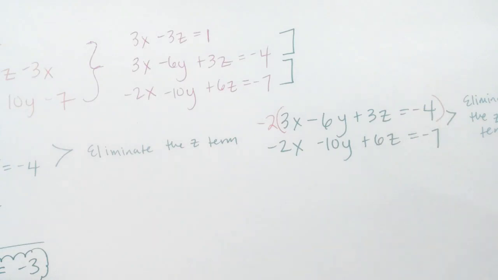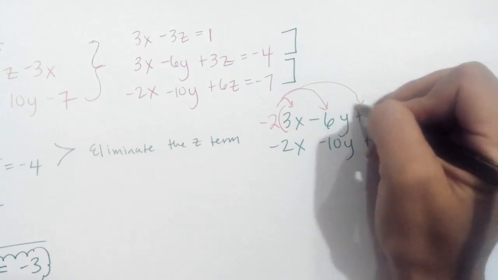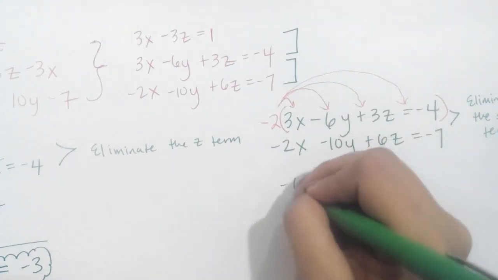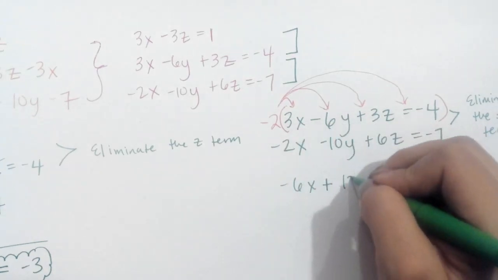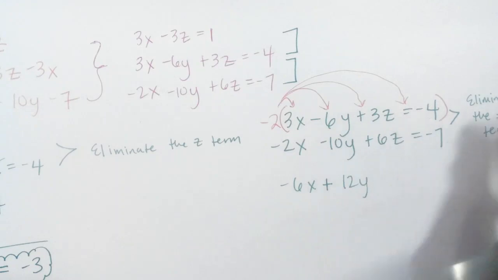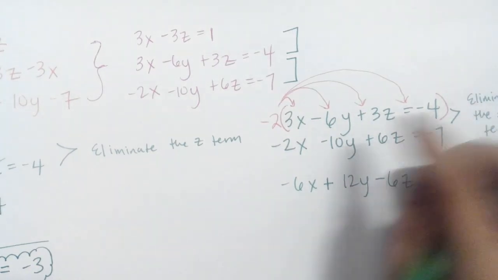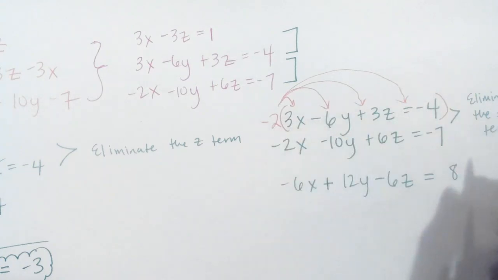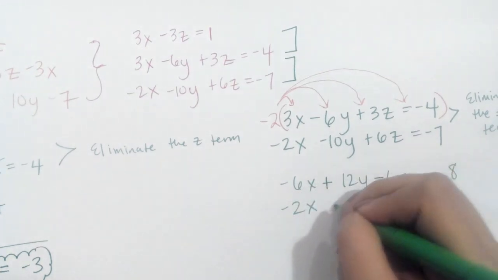So now I'm going to rewrite. I need to make sure I distribute everything. So you get negative 6x. Negative times a negative is a positive. 6 times 2 is 12y. A negative 2 times a positive 3 gives us a negative 6z equals, and don't forget the last term, 4 times 2 is 8. Negative times a negative is a positive. Rewrite the other guys.